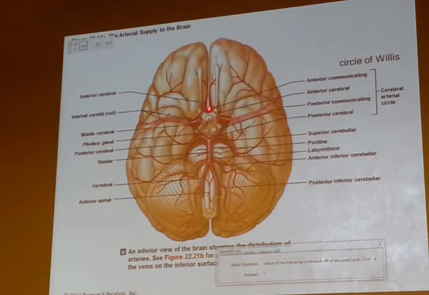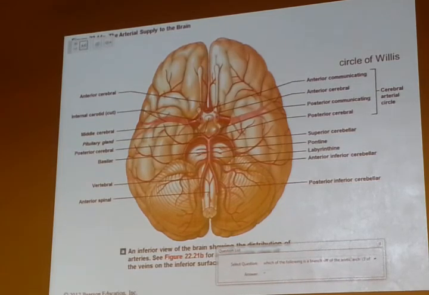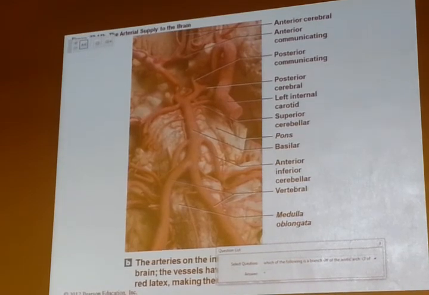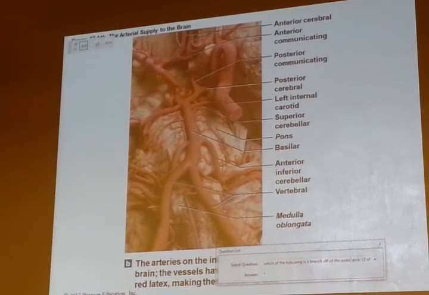If you have a block there, no problem, because it's just communicating right and left sides. But if you had a blockage here, blood could flow around, come through, and still get to the frontal lobes. So it's important that you have this cerebral arterial circle intact.